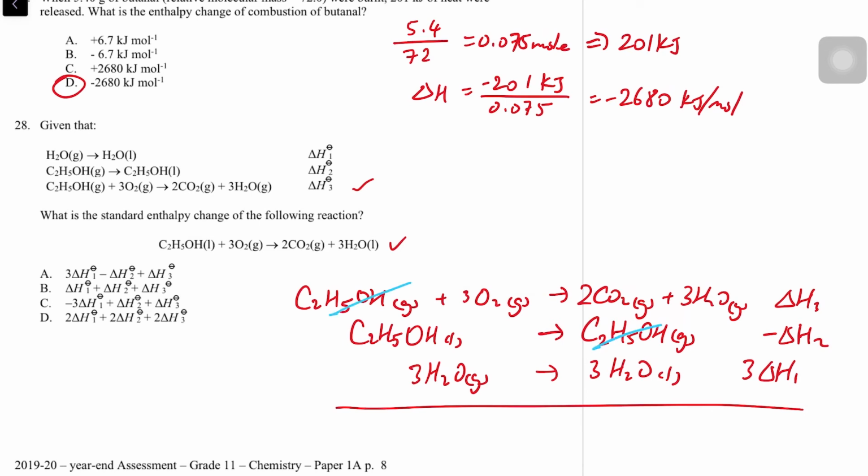We cross out this one, we cross out this one, is what we want. Yes, so the answer should be 3 delta H1 plus, oh sorry, not plus, but minus delta H2 plus delta H3. Okay, there should be A.